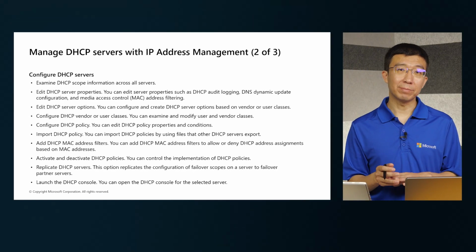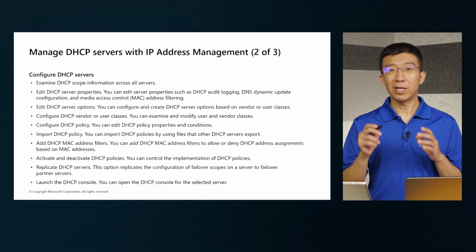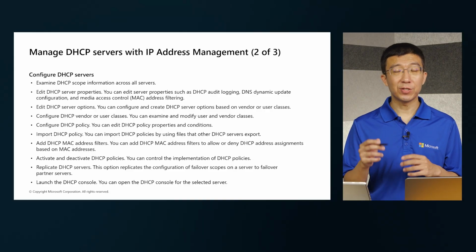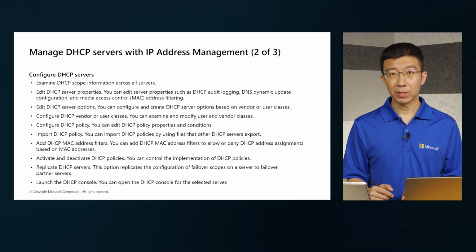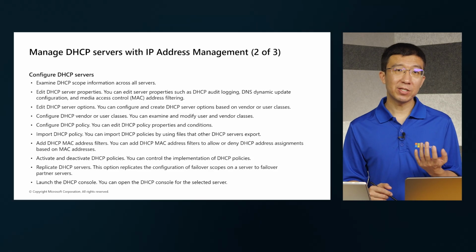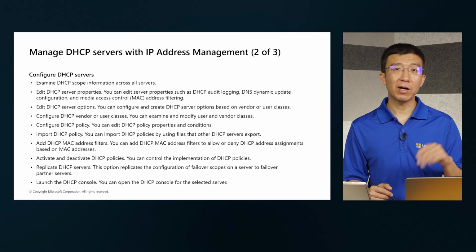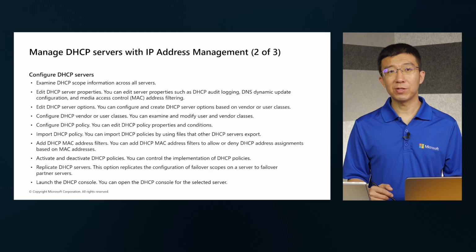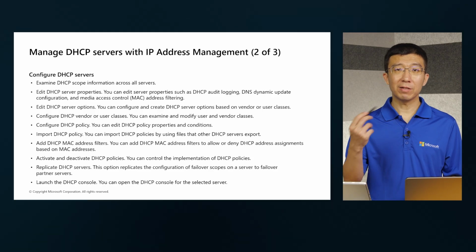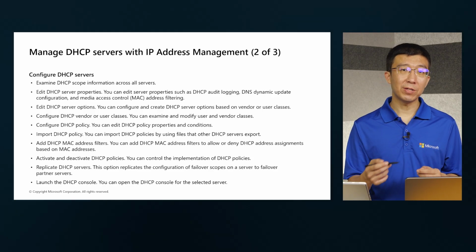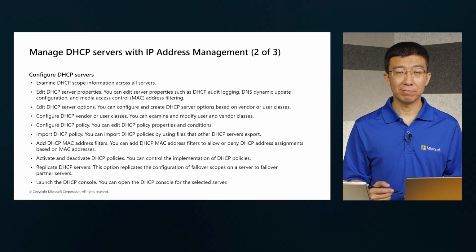Using IPAM, you can configure and manage DHCP servers in several ways. You can examine DHCP scope information across all servers, edit server properties, and configure options based on vendor or user classes.